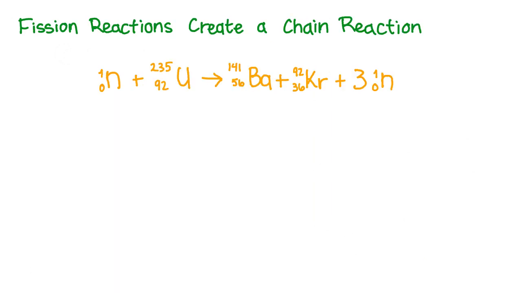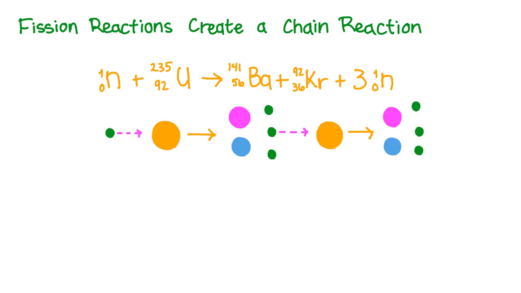Let's take another look at the reaction that's used to generate electricity in nuclear power plants. This reaction begins when a neutron strikes an atom of uranium-235. This produces barium-141 and krypton-92, as well as 3 more neutrons. Now each of those neutrons could strike another atom of uranium-235, again causing it to split into barium and krypton and producing 3 neutrons.